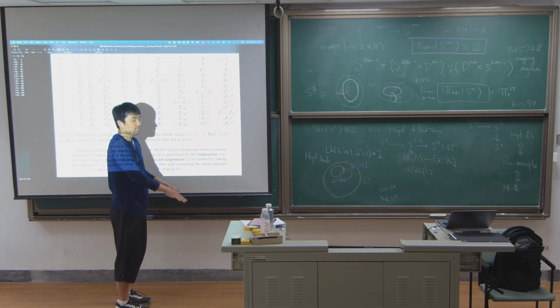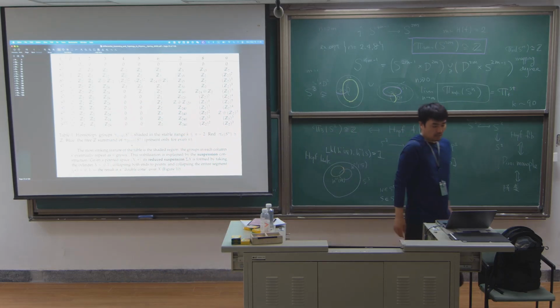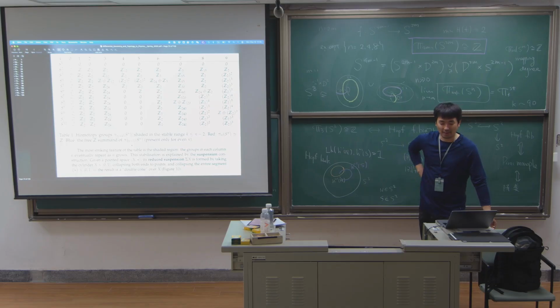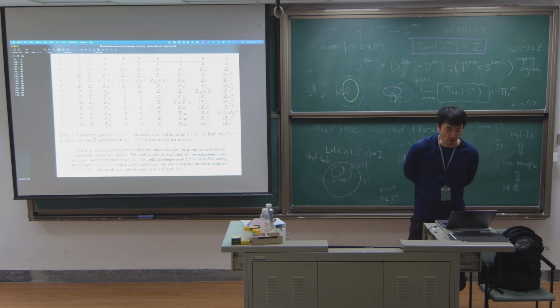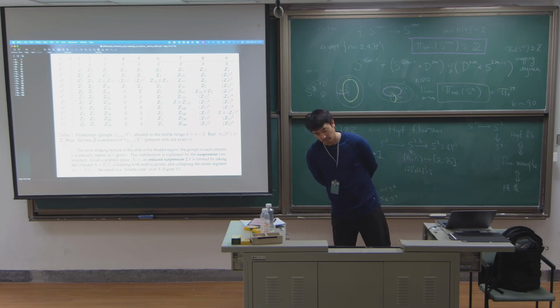So the algebraic topologists, there is one very famous person even at Fudan working on this stable homotopy group. One of the main research topics is how to compute the stable homotopy group, and it's not a simple thing to do. There is the so-called Adams spectral sequence and so on.